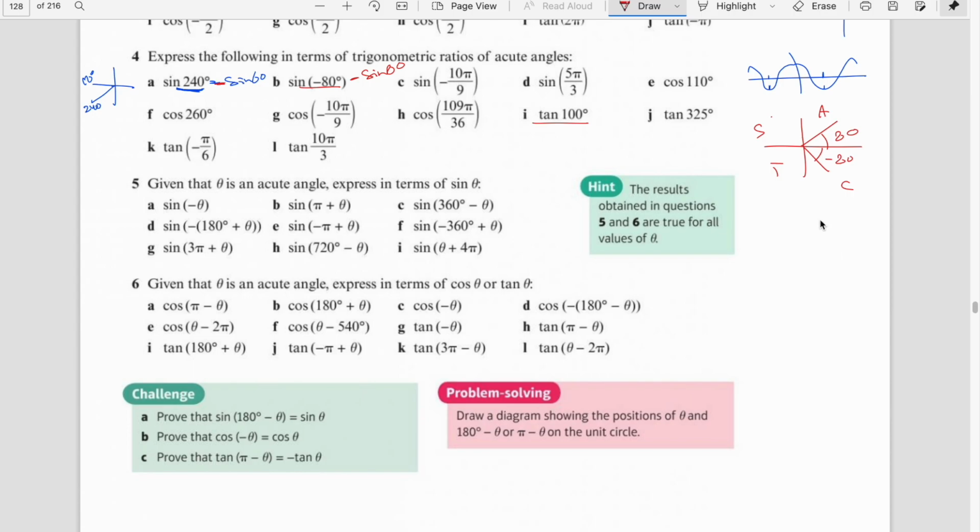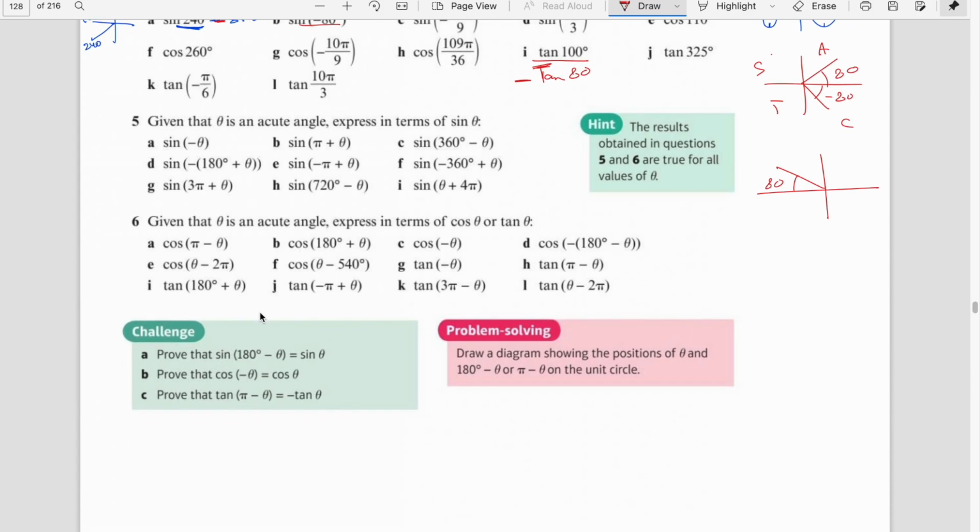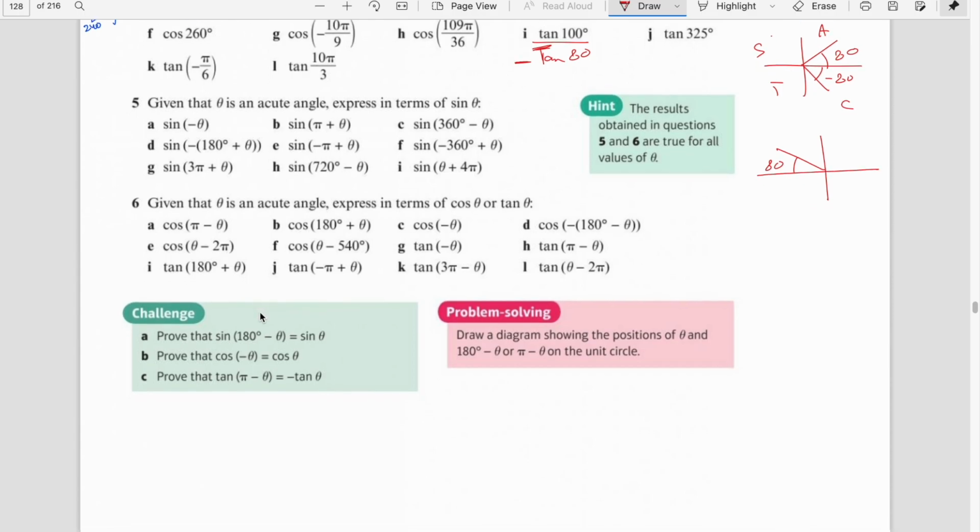Tan 100, at this point tan 100 must be negative. The acute angle is 80, so we're going to write tan of 80, and we know tan 100 is negative, tan 80 is positive, so we'll put a negative sign ourselves. And in the same way, all the other questions.